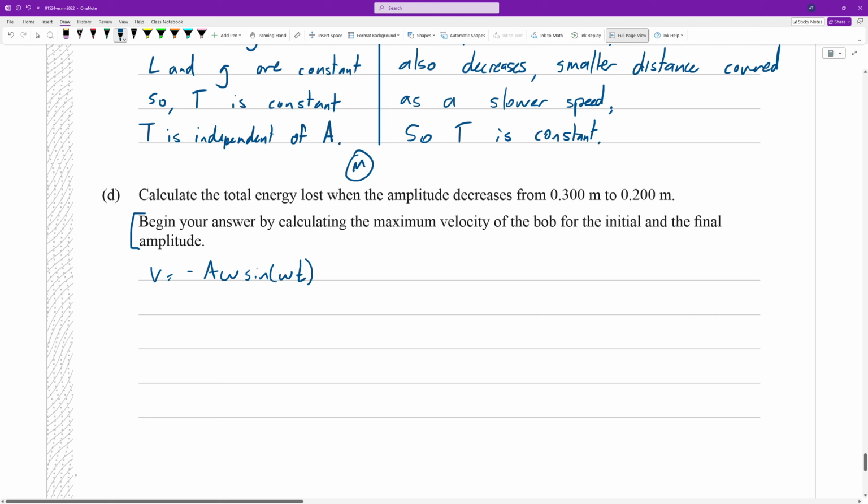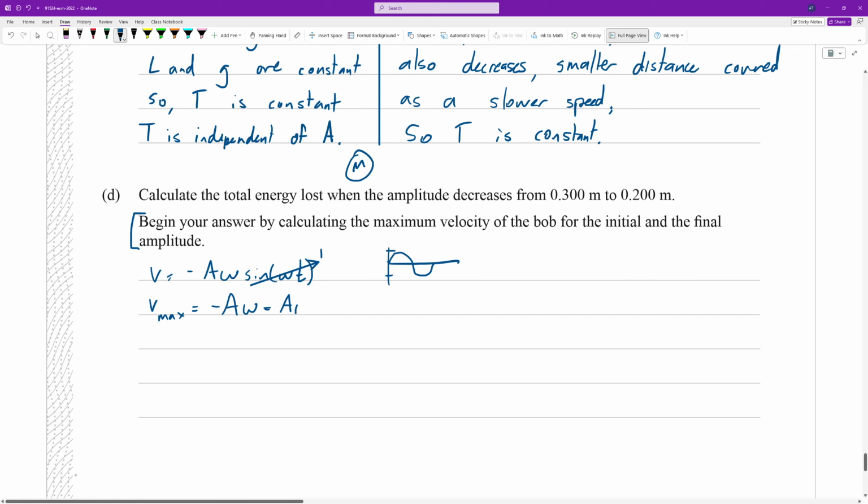The sine function, in case you forgot, oscillates between +1 and -1. So if we want the speed to be a maximum, this sine omega t must be 1 or -1. And we're left with a maximum velocity possible of negative A omega, or we could drop the negative because that's just giving us a direction.